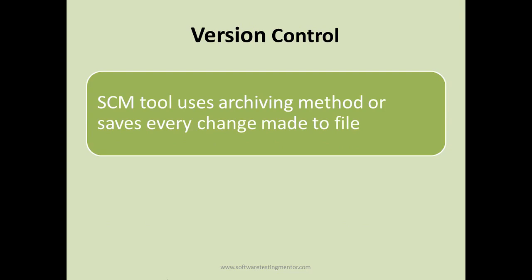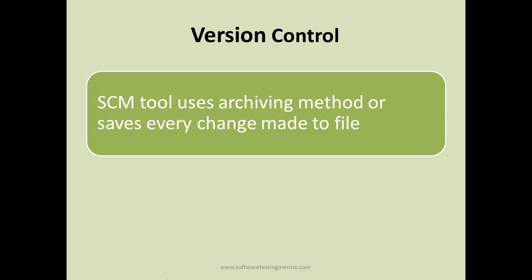SCM tools use an archiving method or save every change made to a file. So how version control is done in software configuration management is by saving the changes, or archiving the previous version of the file that is present in the software configuration management tool.